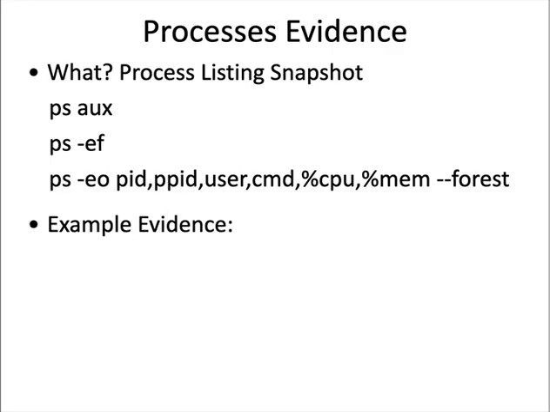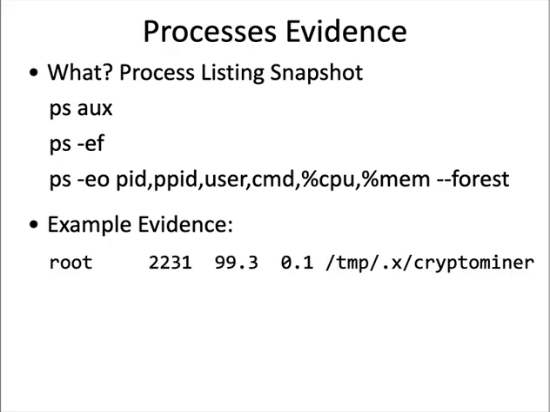So if you were to use the ps command to collect evidence, this might be one of the lines of output you see. Now, there's a couple of things suspicious about this. First, it is using almost 100% of the CPU. And second, it is running out of /tmp.